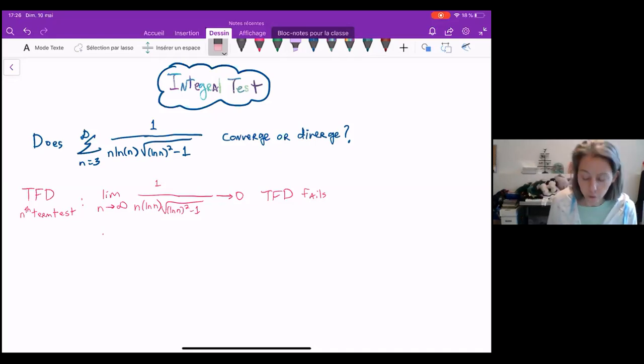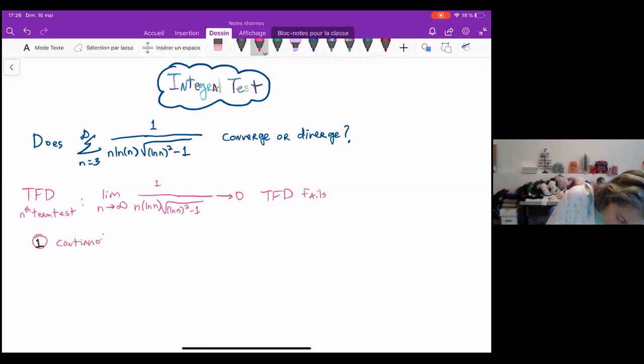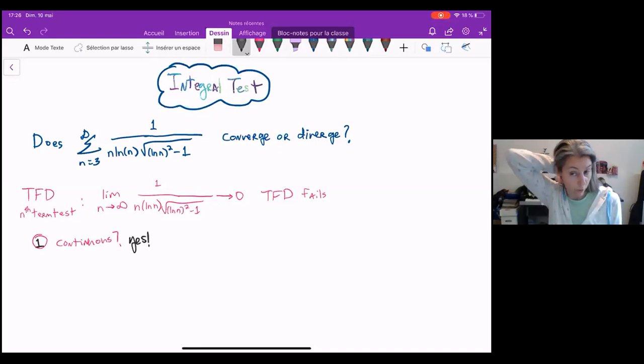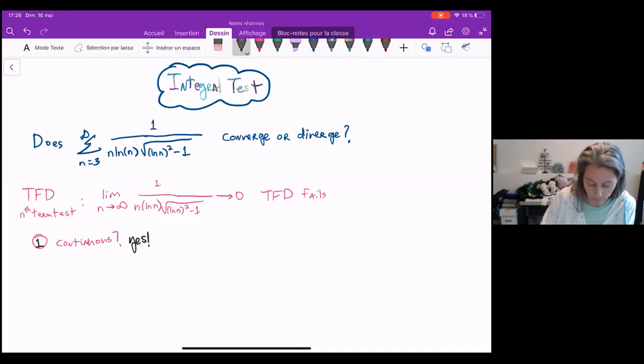So the first thing that needs to be true for the integral test is that the thing must be continuous. So is it continuous? And the answer here is yes, because, well, there are no negative n values, so I'm not going to be plugging a negative n value into ln n, so we can eliminate that possibility.